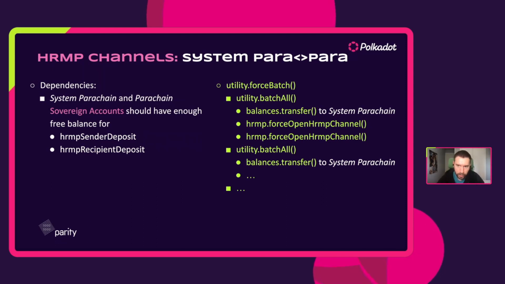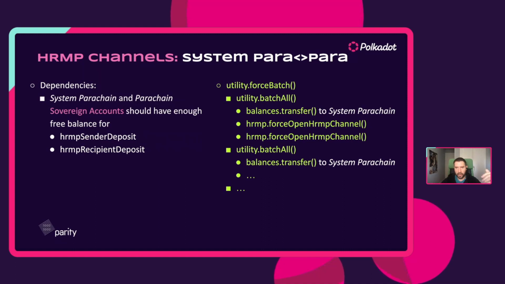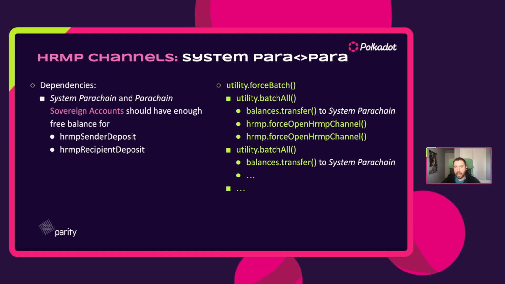This allows the governance to bundle many requests in a single batch. For example, imagine that the first one is opening a channel between, I don't know, Statemine and Moonbeam, and for some reason it fails, but it goes to the next call, opening a channel between Acala and Statemint, and it can succeed.